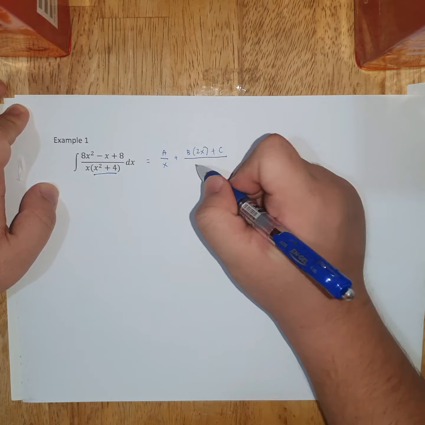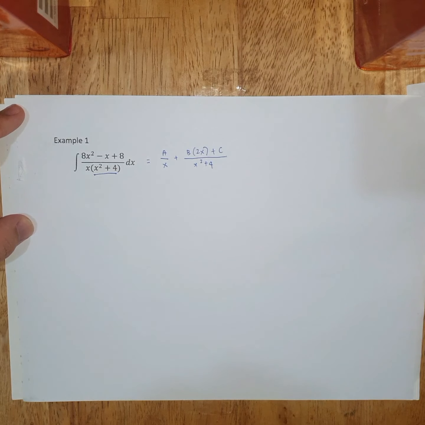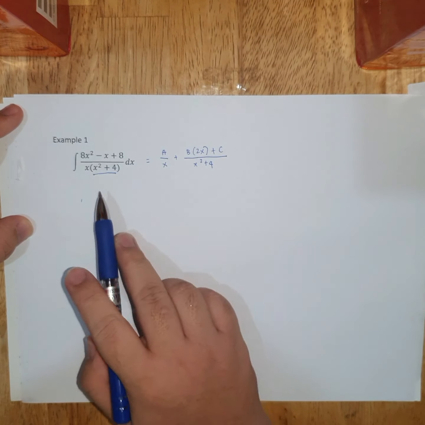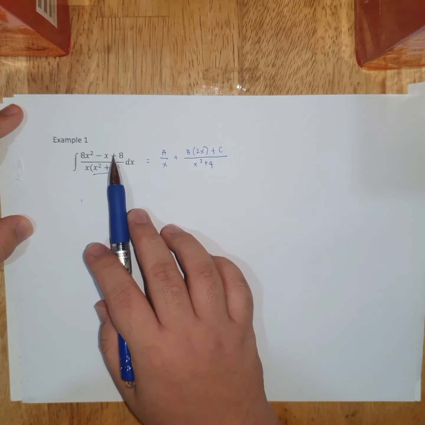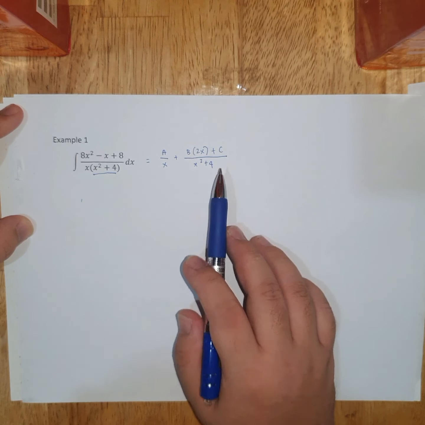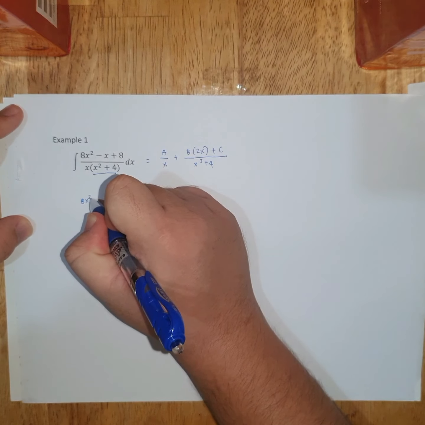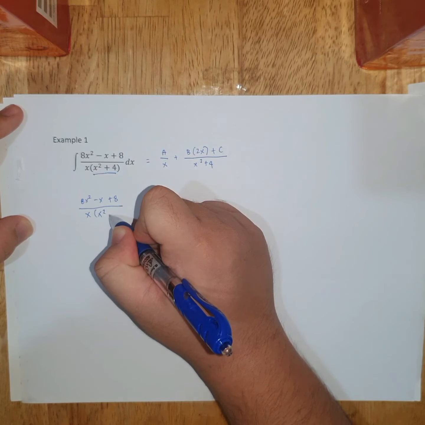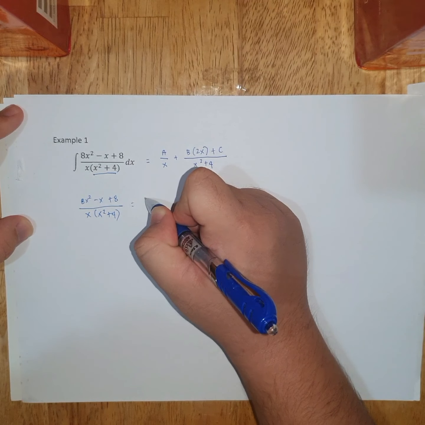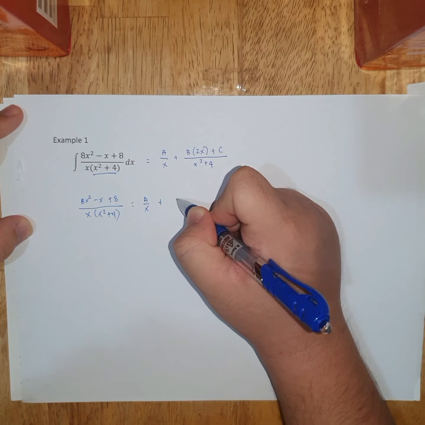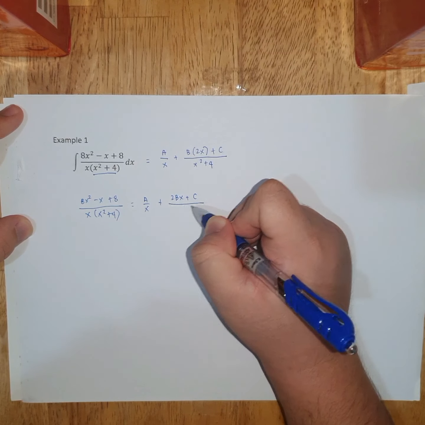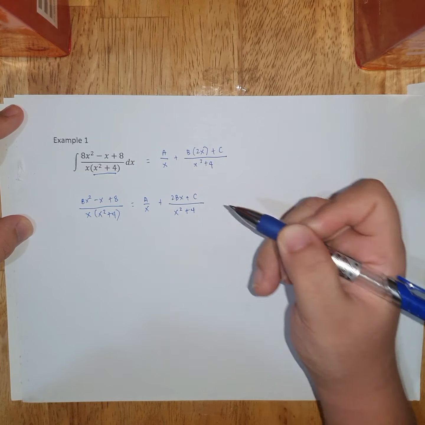Okay, so what we can do is just to solve this katulad ng ginagawa na natin before. Okay, so rewrite lang natin. Ito yung kailangan natin kunin yung LCD. So we have 8x squared minus x plus 8 over x times x squared plus 4 equals to a over x plus, multiply ko na to, 2bx plus c over x squared plus 4.